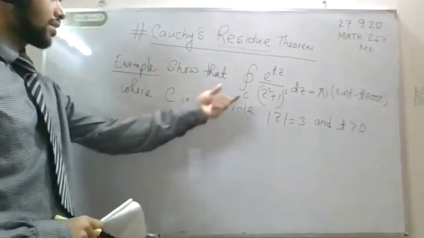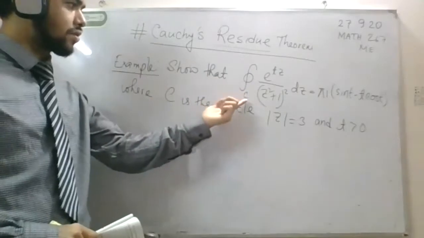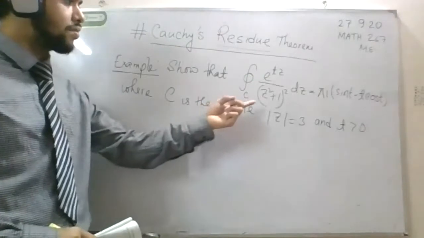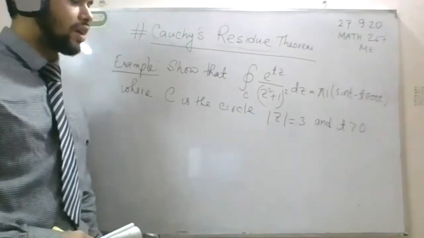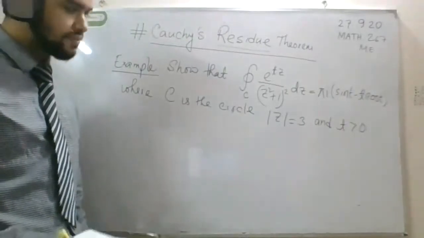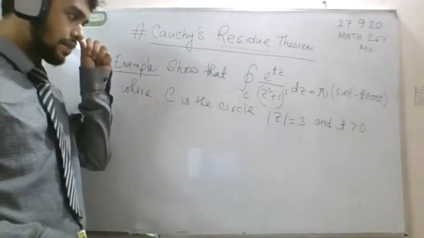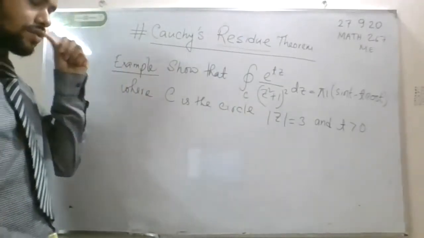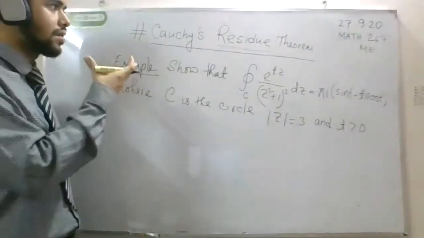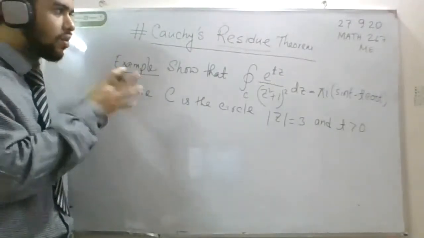So here our given example is to show that the simple closed curve integration over c of e to the power tz divided by (z square plus 1) whole square dz equals pi i (sin t minus t cos t), where c is the circle modulus of z equals 3 and t greater than 0. So you have to use the Cauchy residue theorem. You can also solve this problem by using Cauchy residue theorem.